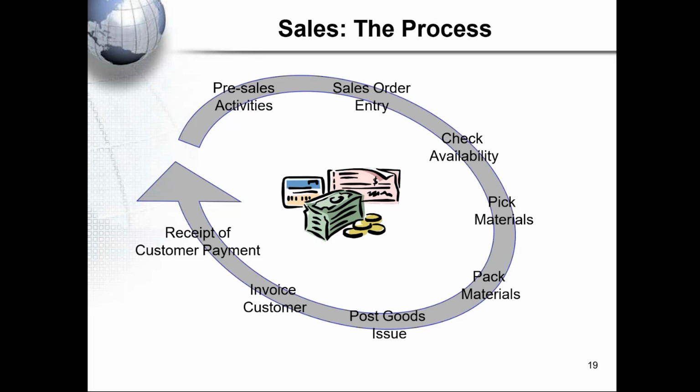And finally, we issue the goods, which is called post goods issue. Once picking and packaging are done and the goods are loaded on the transport, it is ready to move to the customer. So we give the final touch, the final node, post goods issue. You just click it after the picking, packaging, everything is done.